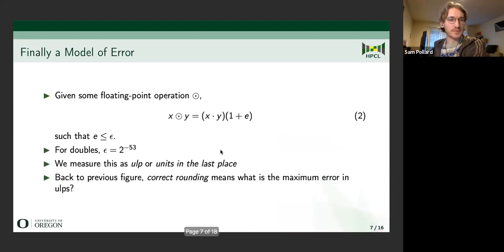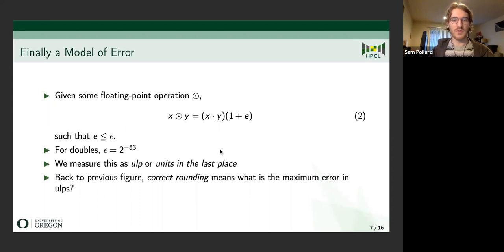All right, and so now that we have these rounding modes, we can get this model of what error looks like, because as we saw 2 slides back, you can't exactly represent all real numbers. You have to make an approximation. This is a little bit of a weird formalism, but just imagine this dot, which looks like a bullseye, is any operation: plus, multiply, divide, square root. Well, square root would be unary, but add, subtract, divide, multiply, your elementary operations.